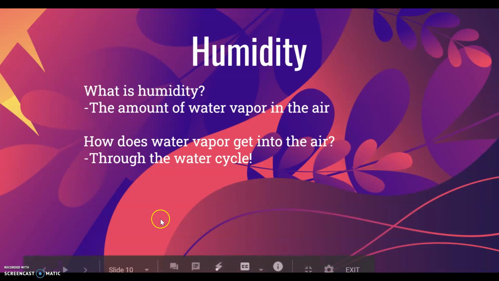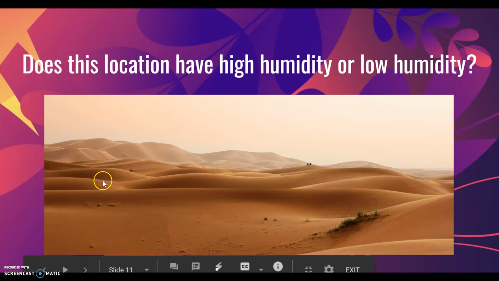Who knows the other 2 parts of the water cycle? Evaporate, and then there's 2 more things that water does in the water cycle. Mm-hmm. Yes, evaporate, condensate, and precipitate. Thank you so much. We are not going to dive deep into that, but it will come up again.